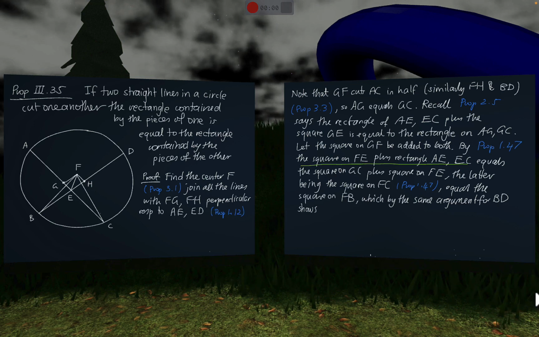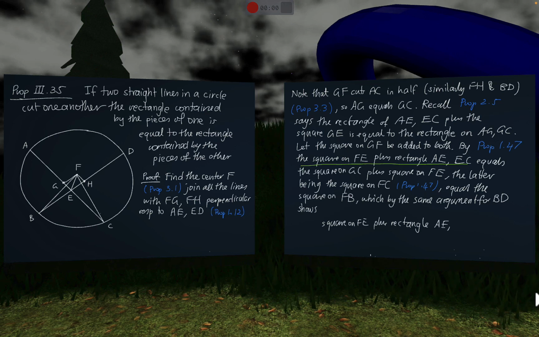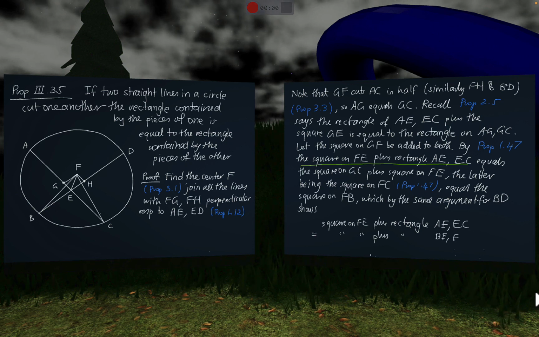And at the end we get, so that shows the square on FE plus rectangle AEC equals the square on FE, which is the same for both lines, right? Plus the rectangle on, let's say, BE ED. And then subtract the square on FE from both, and we get the conclusion.